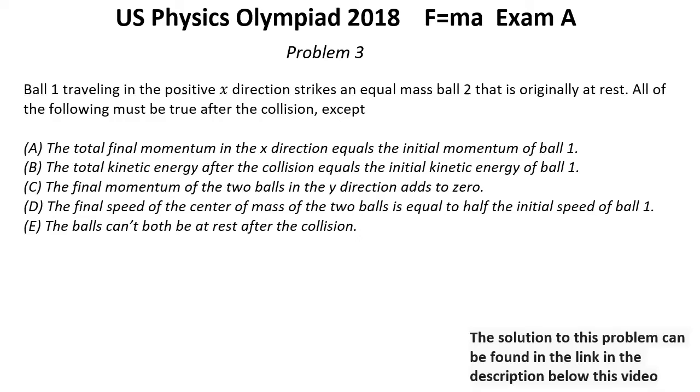D. The final speed of the center of mass of the two balls is equal to half the initial speed of ball 1. That's true because the speed of the center of mass is not changing during collision, and it must be the same as before collision, and it was equal to half of the speed of the first ball. This is true, and this is not the correct answer.